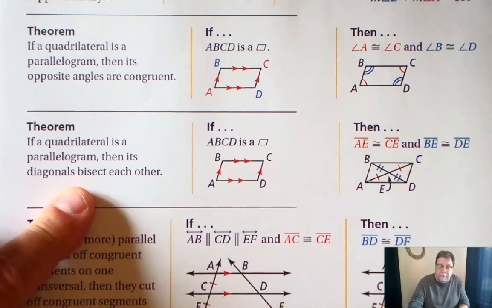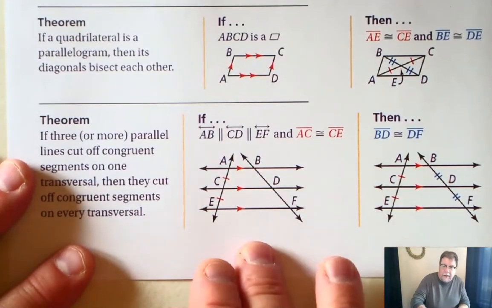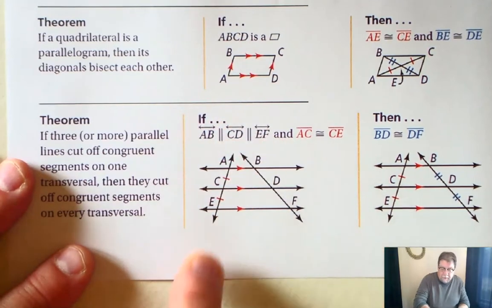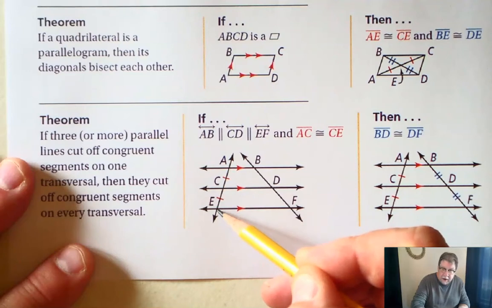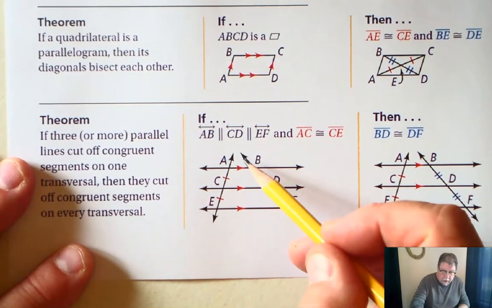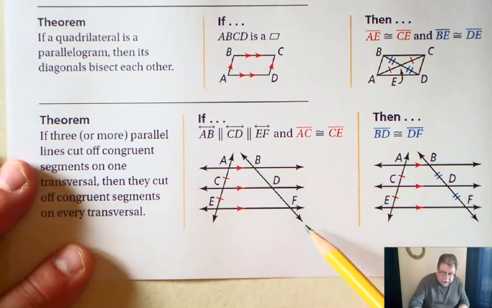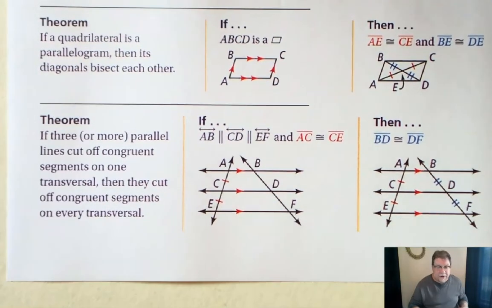Those are all properties of parallelograms. And then this last one, if we have 3 or more parallel lines, and if we cut through them so that we have congruent segments here, then any other transversal that cuts through will also have congruent segments. And there's a look at our notes. This is section G2.